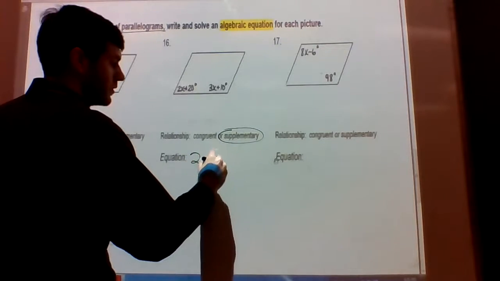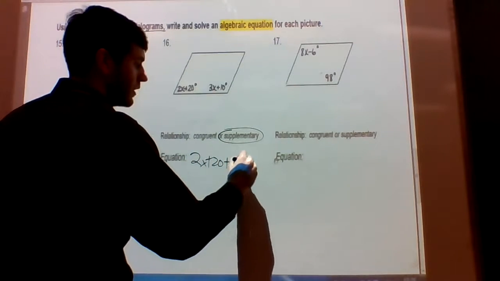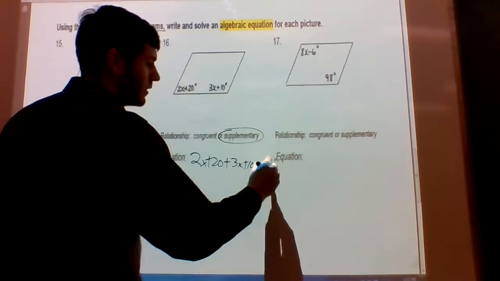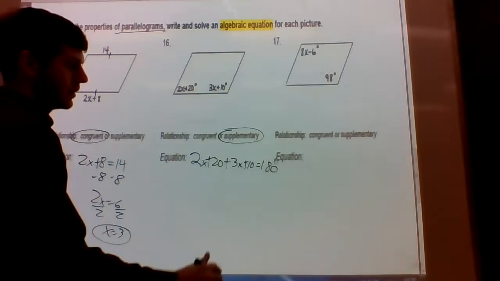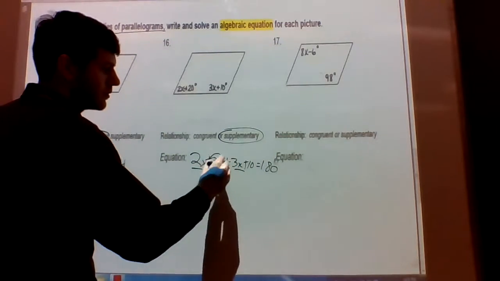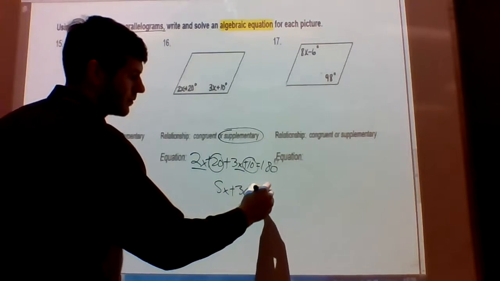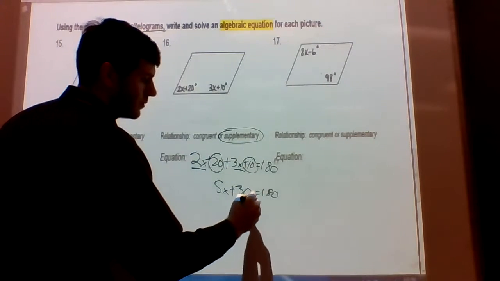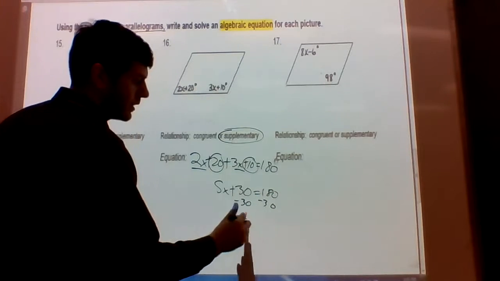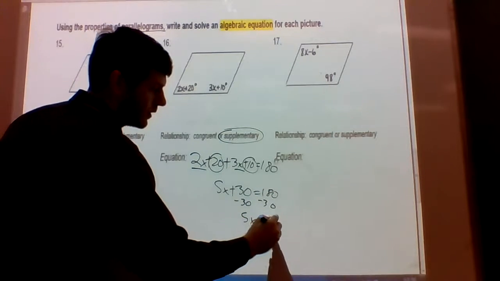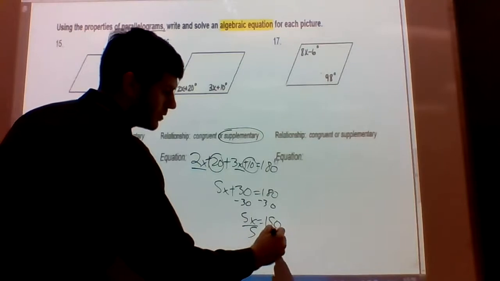So 2x plus 20 plus 3x plus 10 equals 180. So combine like terms, that gives us 5x plus 30. We're going to subtract 30 from both sides. We get 5x is 150. Divide both sides by 5.